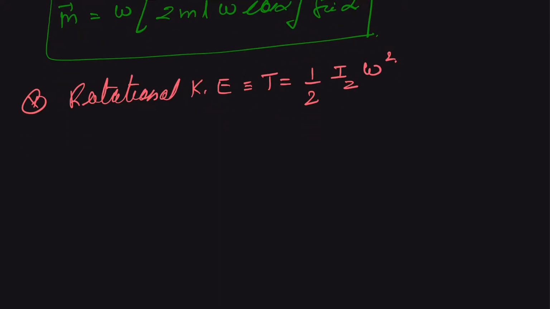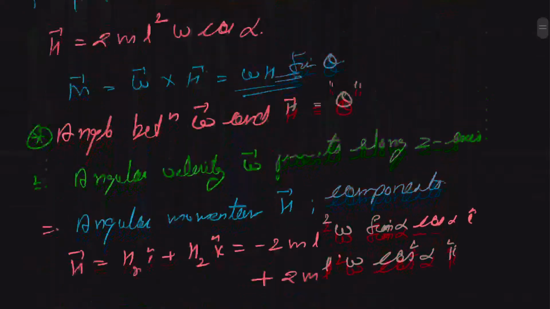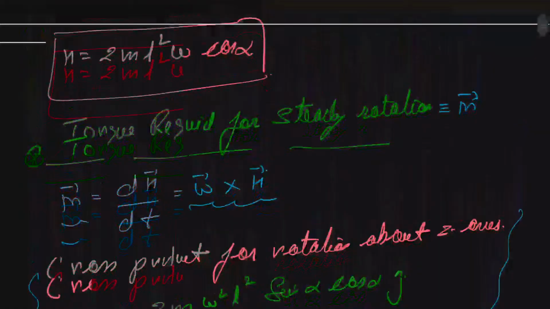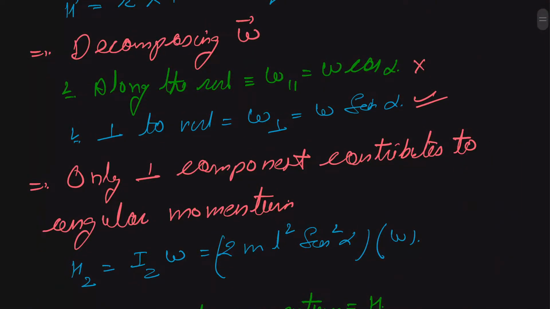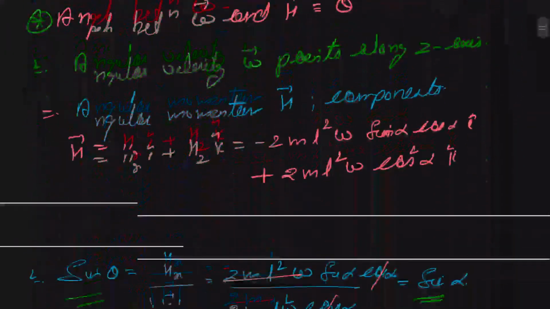So we simply substitute our I of z, and we get T is equal to half, and I of z is 2m L square sine square alpha, there is no omega.